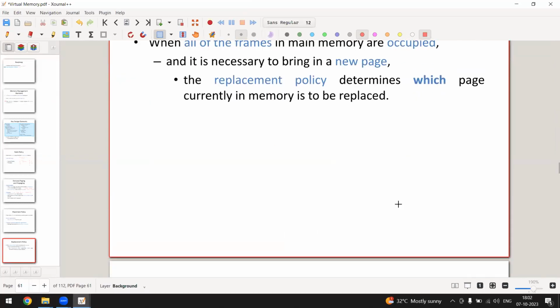I think it is very intuitive to understand, but still, suppose this is my main memory, and as you know, main memory is divided into frames. So these are the frames.